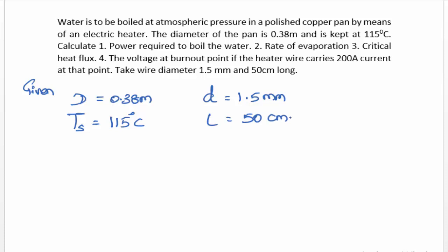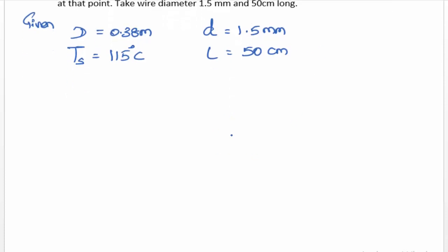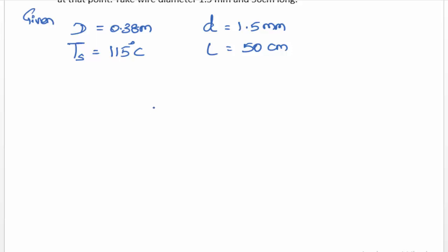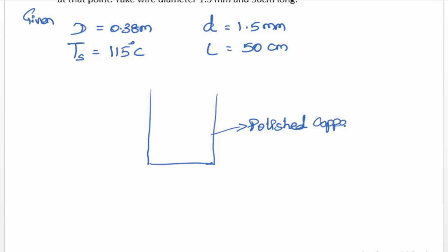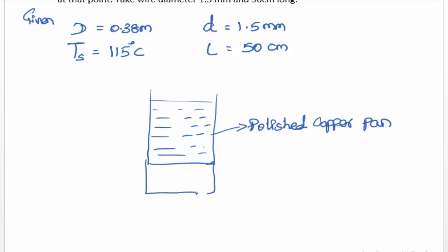Now before solving the problem, just draw a representation diagram which will be like this. First, we are taking a pan, a copper pan. So this is your polished copper pan. In this, water is filled. And below this pan you have an electric heater.